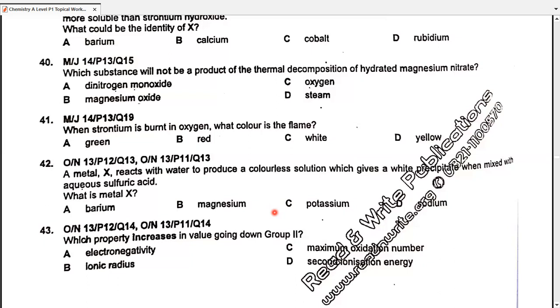A metal X reacts with water to produce a colorless solution which gives a white precipitate when mixed with aqueous sulfuric acid. What is metal X?